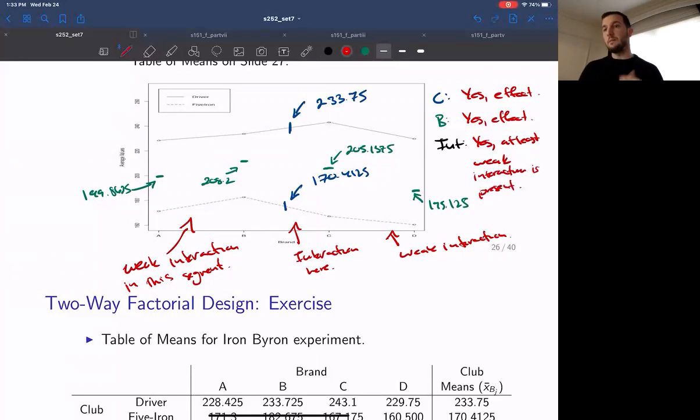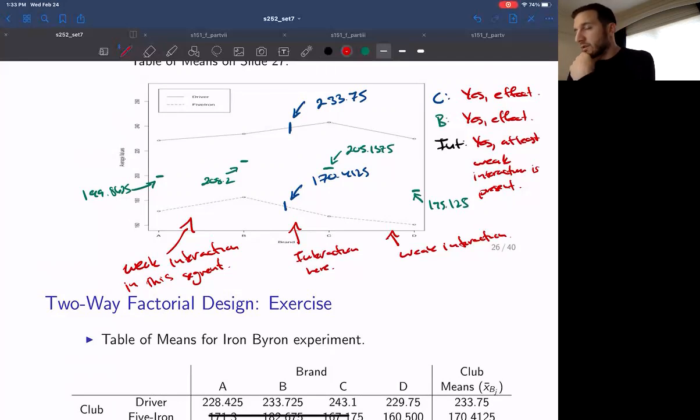But then the question again becomes, is there a statistically significant interaction between the treatment combinations? Or is there a statistically significant difference between the mean of each treatment combination? According to the ANOVA, there is. The issue again with this experiment is that interaction could actually be driven by the difference between the driver and the 5-iron.